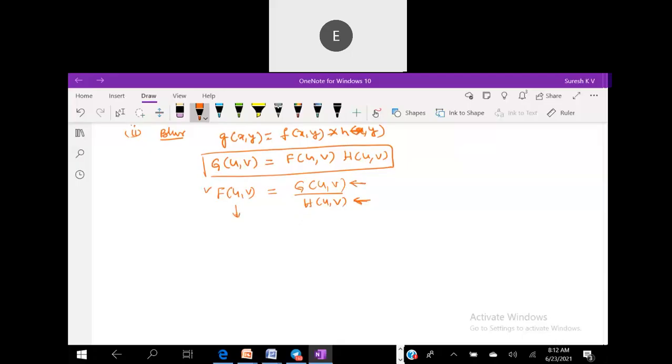If I take the inverse DFT, I get f of x comma y, and it may not be exactly f, therefore it can be f hat. Now the question is, who will give me H? Whenever I get an image, nobody will tell me what the blur in the image is. So you need to estimate this degradation function. That is exactly what we are discussing now.